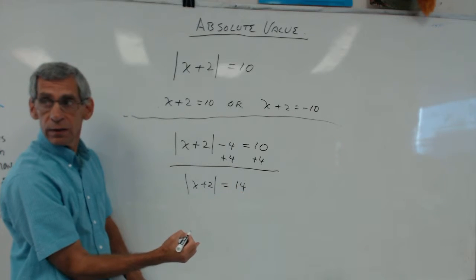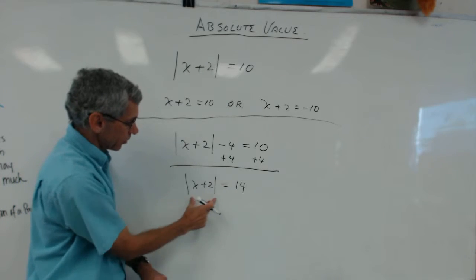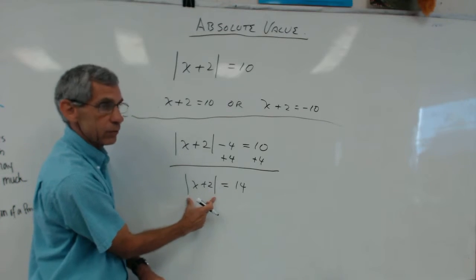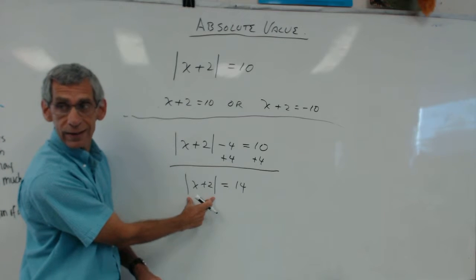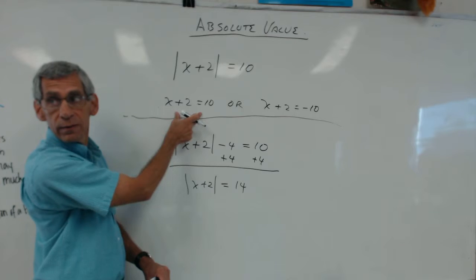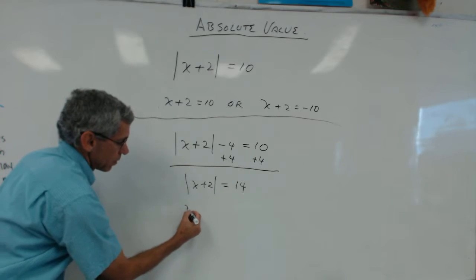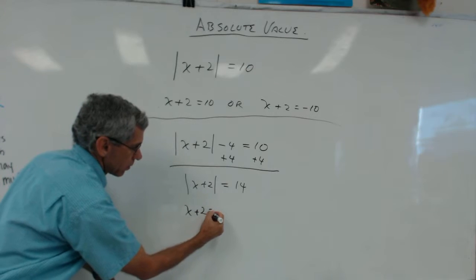You see that? Now, is that isolated? There's nothing else on the left side of the equal sign except the absolute value. Now it's isolated. Now you can do your little trick here. So what would it be, Luca? X plus 2 equals 14, or x plus 2 equals negative 14.